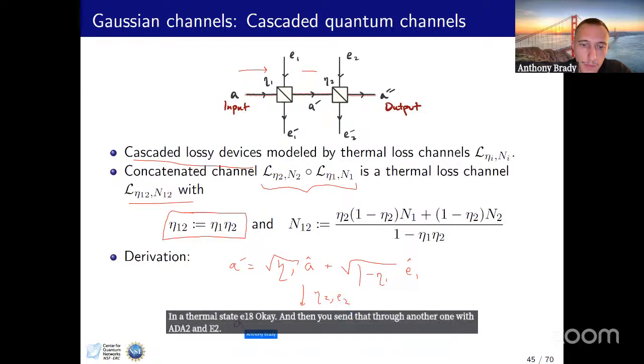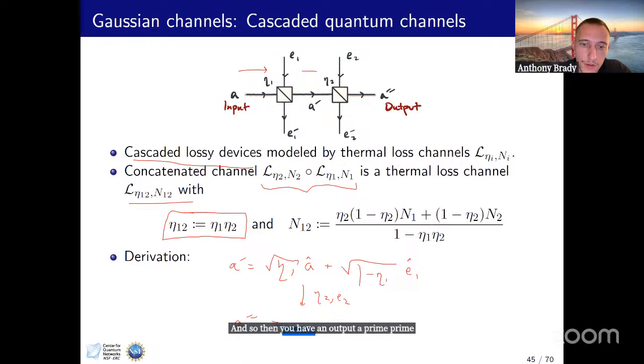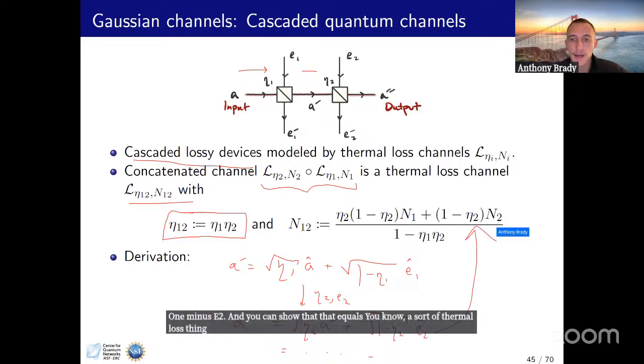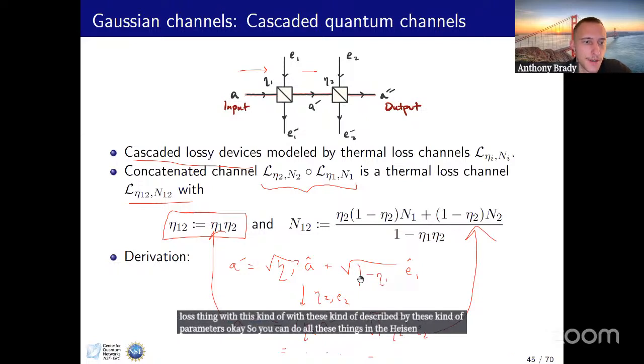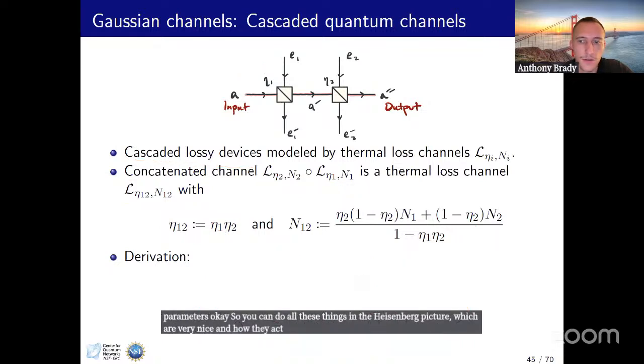And so then you have an output A double prime equal to square root of eta 2 times A prime plus square root of 1 minus eta 2 times E2. And you can show that that equals a sort of thermal loss thing with parameters described by these. Okay. So you can do all these things in the Heisenberg picture, which is very nice, and how they act on annihilation and creation operators. Okay, so next slide, please, Howie.